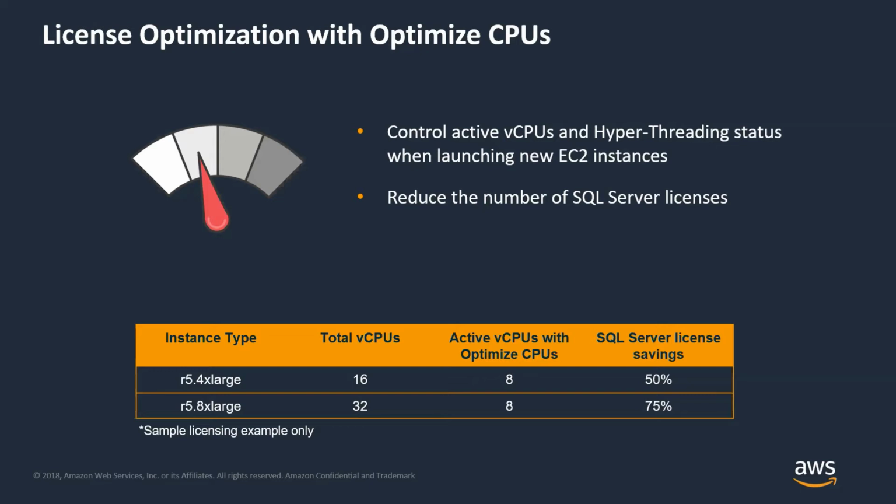Also, if you're looking at running workloads that are high in memory, storage, or I/O bandwidth, but do not require high CPU counts, consider other family classes like the X1s or the R4s, which have a higher RAM to CPU ratio. Again, a lot of this has to do with playing around and understanding what your application needs are, and what options are available to you as far as these two instance classes go.